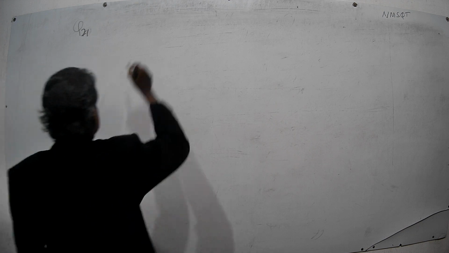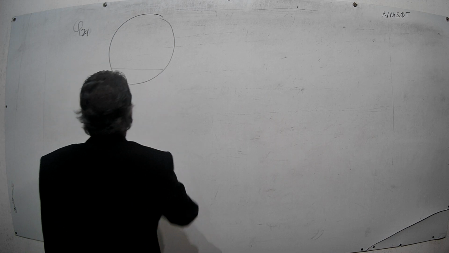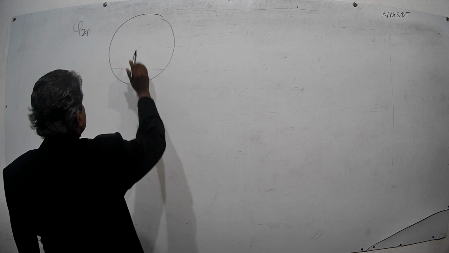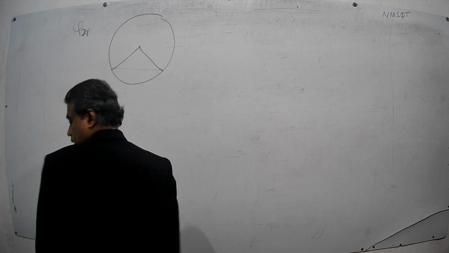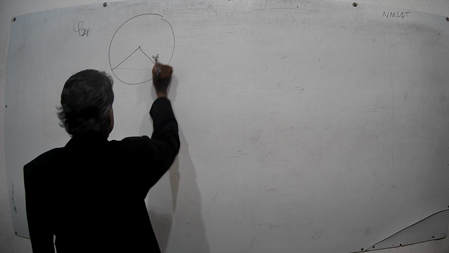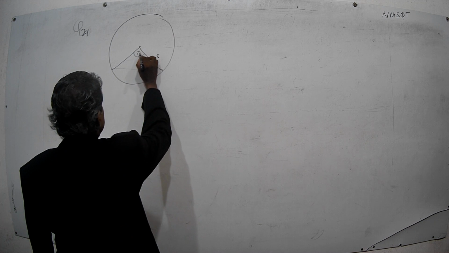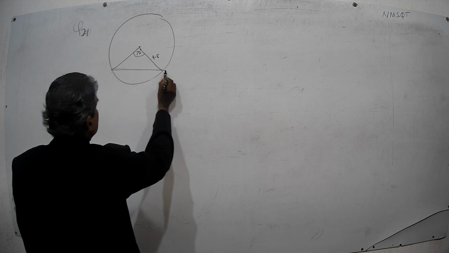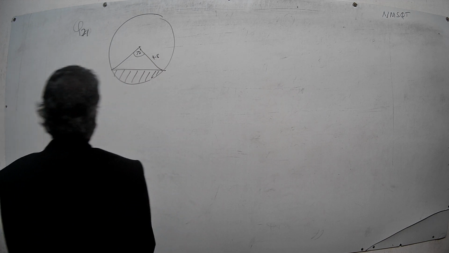There is some pipe, a cross section of a pipe. Then the center is here. Then this radius is 4.8. Then this angle is 72. Then here this is the water in the pipe, the water level.